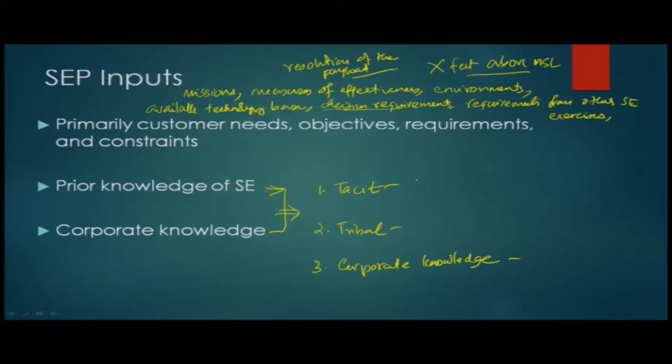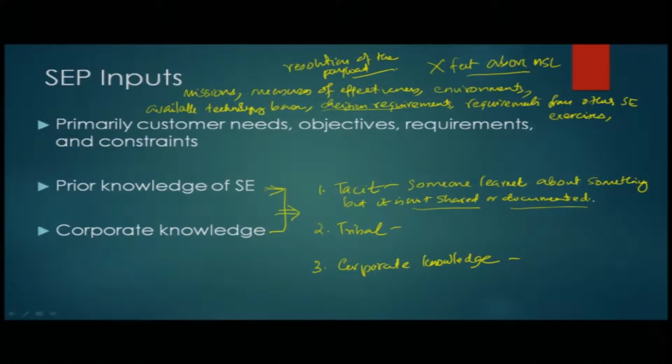So tacit knowledge is defined as someone learned about something, but it is not shared or documented. The knowledge that is learned by someone about something, but it is not at all shared or documented.